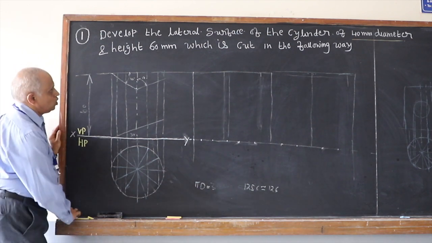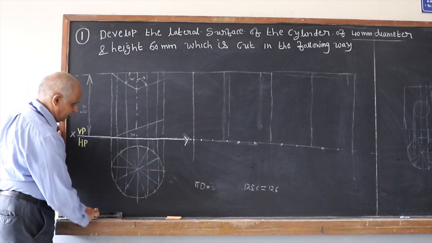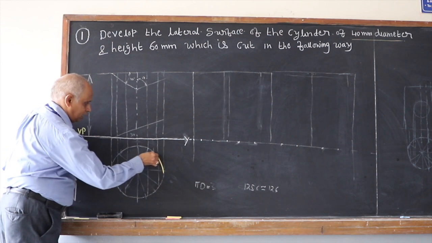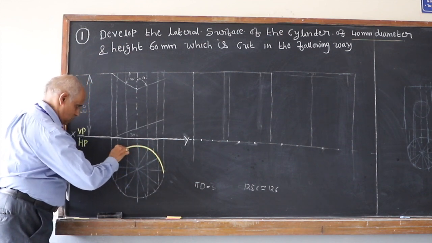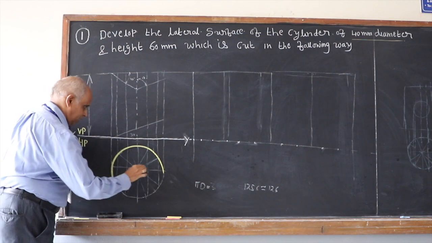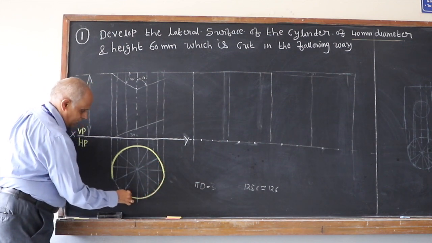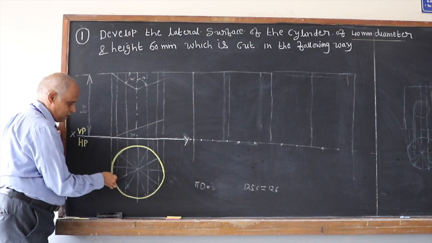So top view will be a circle of diameter 40 millimeters. So draw a circle of 40 millimeter diameter in top view. This represents the cylinder resting on its base on HP.